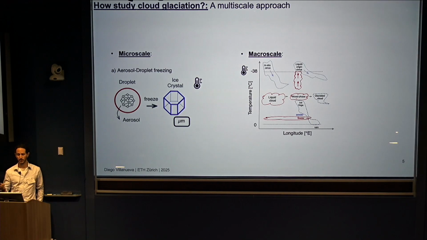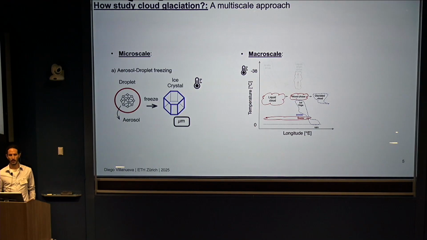Now, on the macro scale, we have clouds with different phase. So we know at really low temperatures, we have cirrus clouds that are always ice. But at temperatures between 0 and minus 38 degrees, we will have so-called mixed phase clouds. These clouds can be either liquid or ice, and we believe that INPs are controlling this transition.